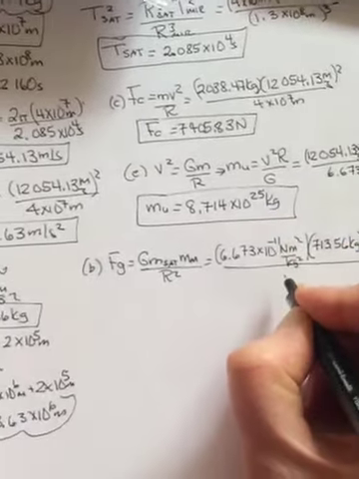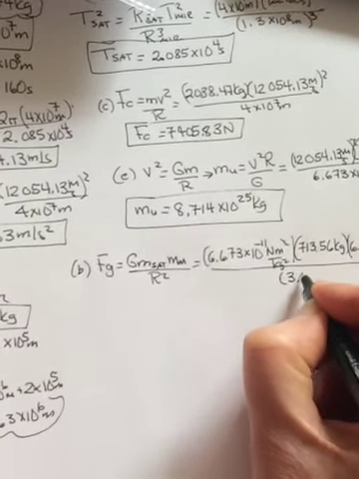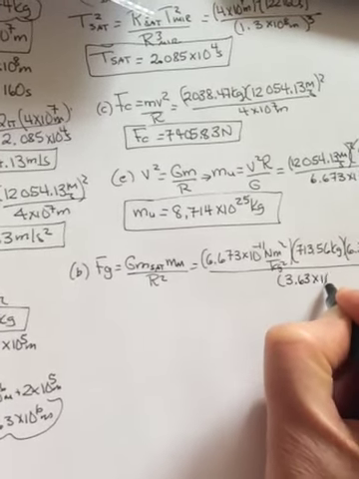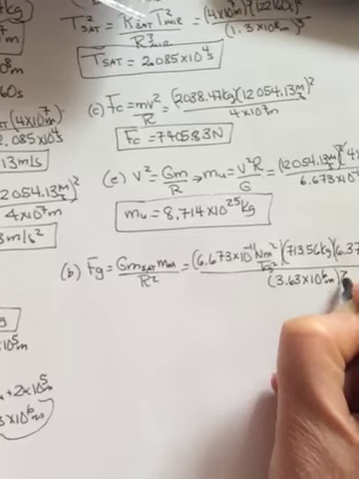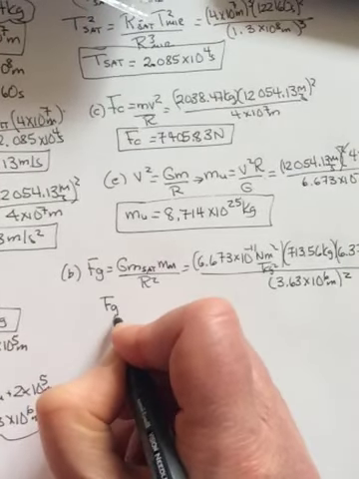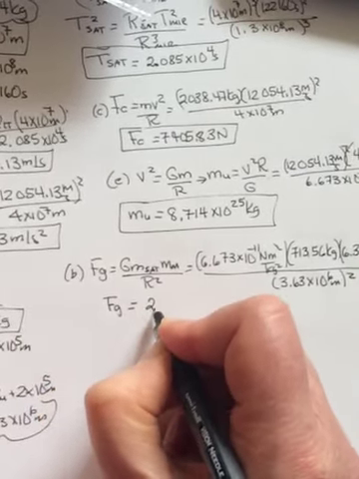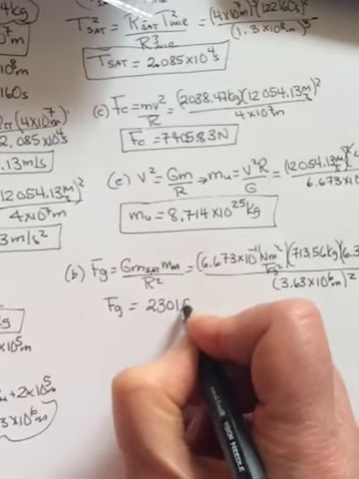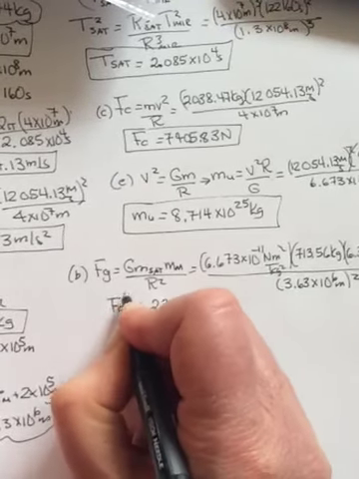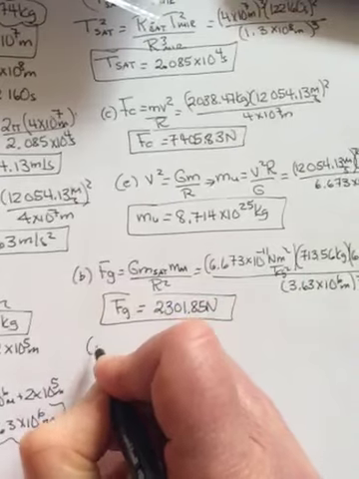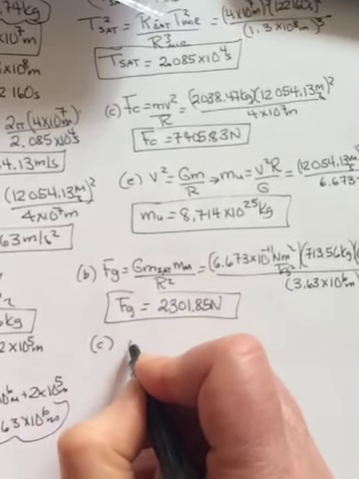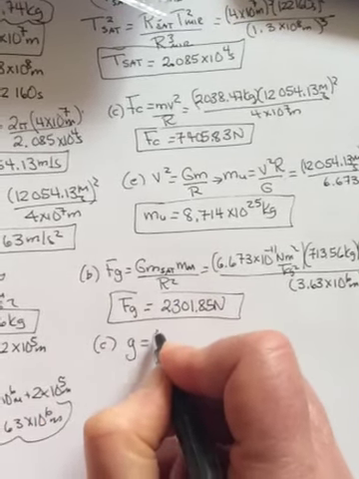And then our r was what we just found, 3.63 times 10 to the 6 meters. And remember, that's squared. And when you do this, you should get an Fg of 2,301.85 newtons.